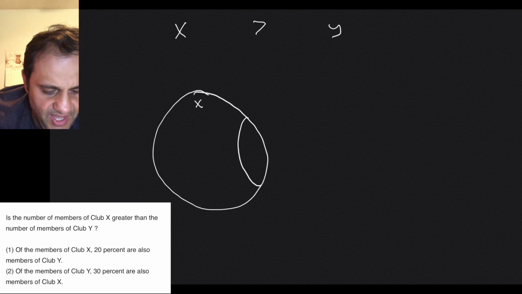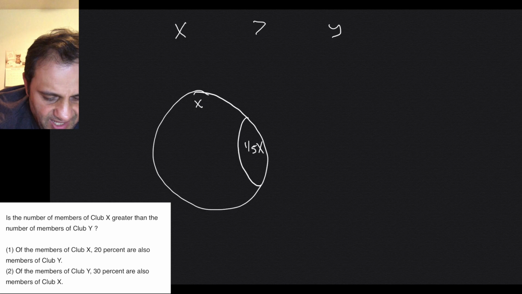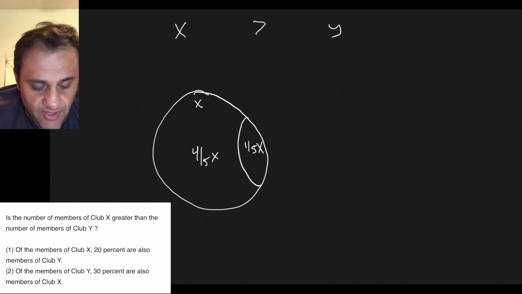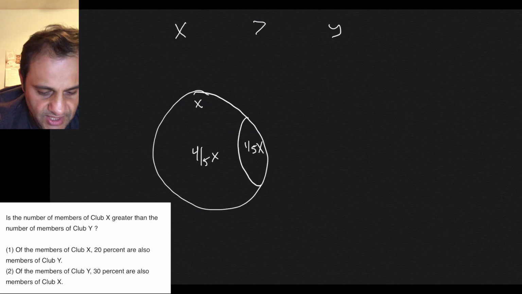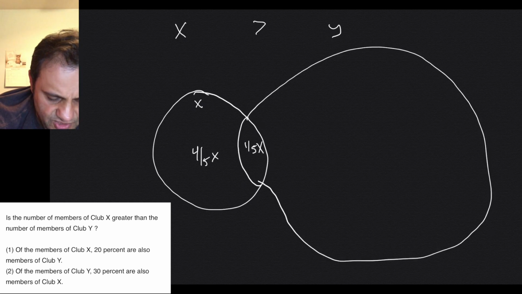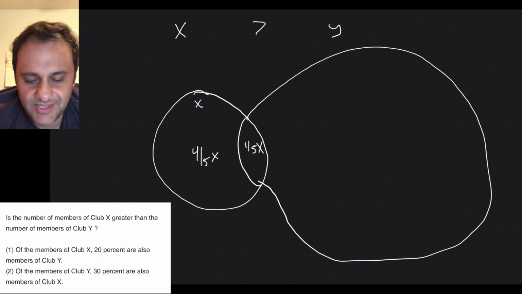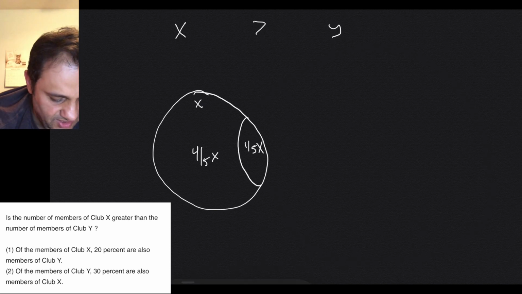Here's Club X, and 20% of them, so 1/5 of X, are members of Club Y, which would mean 4/5 of X are not members of Club Y. Now, by itself, we don't know if X has more than Y, because Y could be just that big, and that's the other people in Y. So X is way bigger. Y could be ginormous. So by itself, that's not going to do the trick.